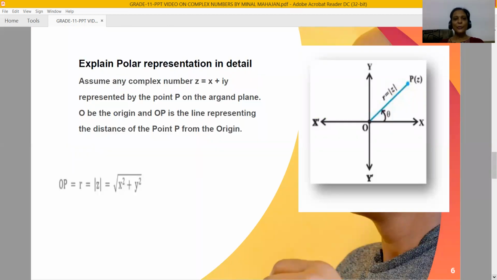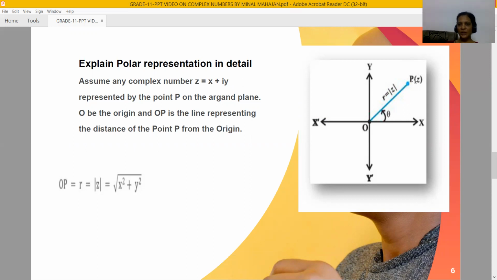Explain polar representation in detail. Assume any complex number z is equal to x plus iy represented by the point P on the Argand plane. O is the origin and OP is the line representing the distance of the point P from the origin.